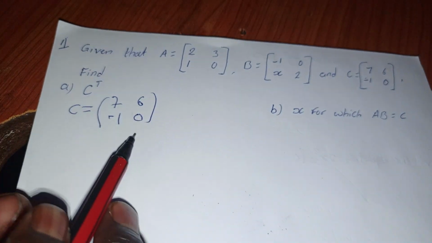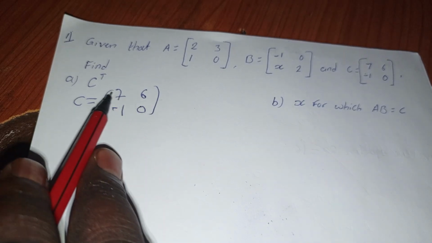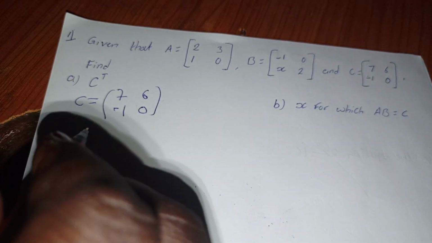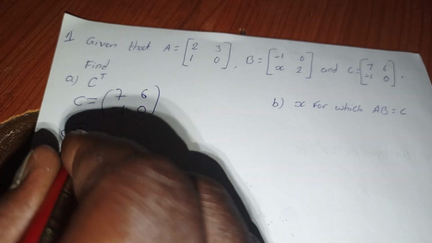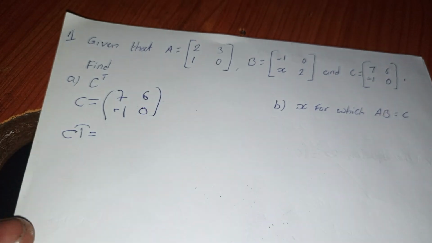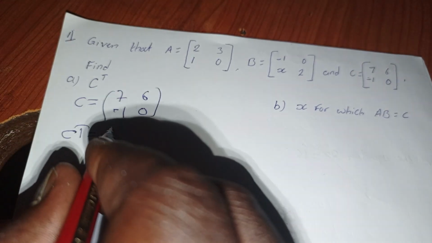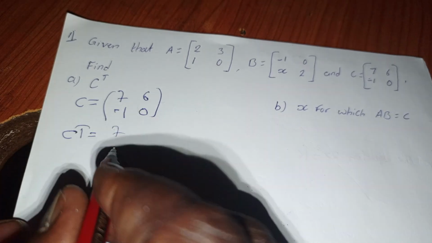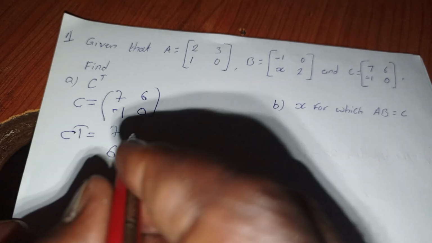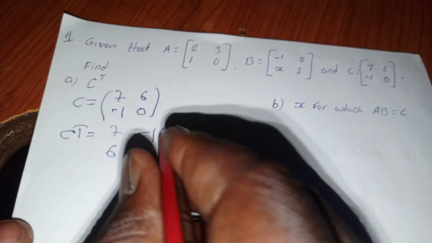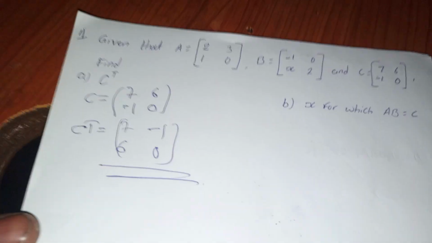So this matrix C, we're going to change the rows to columns and columns to rows. So C transpose is equal to 7, 6 down here, then -1, 0 here. This will be our final answer for the matrix.